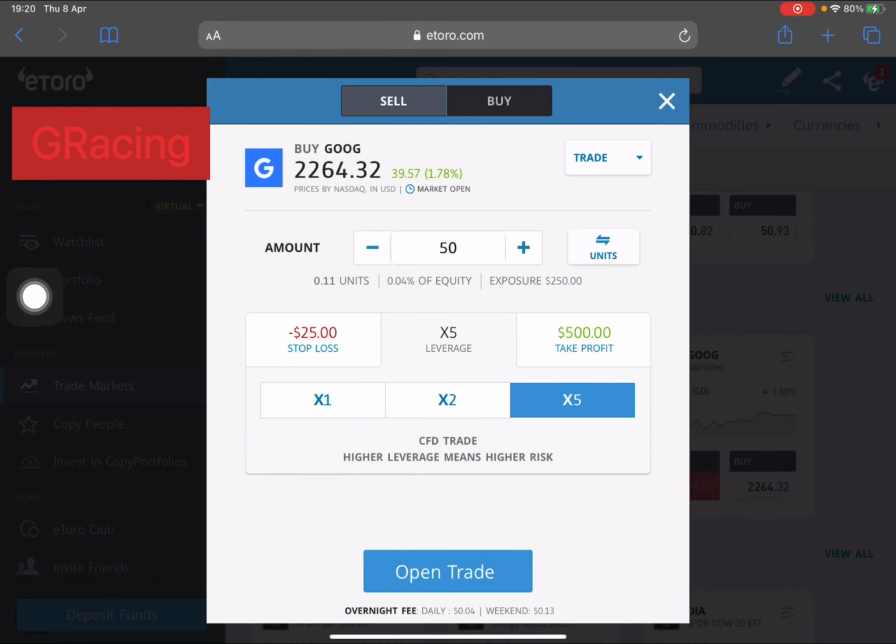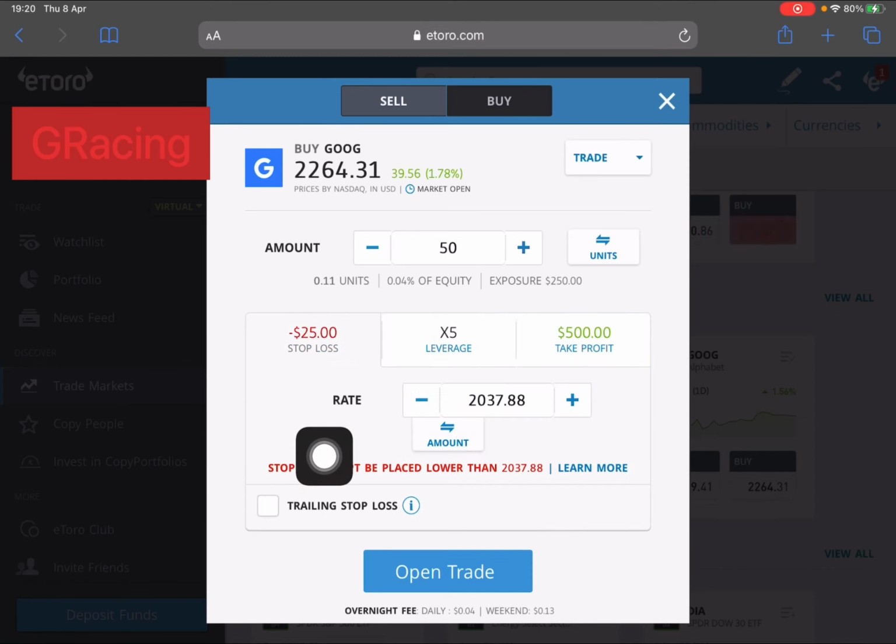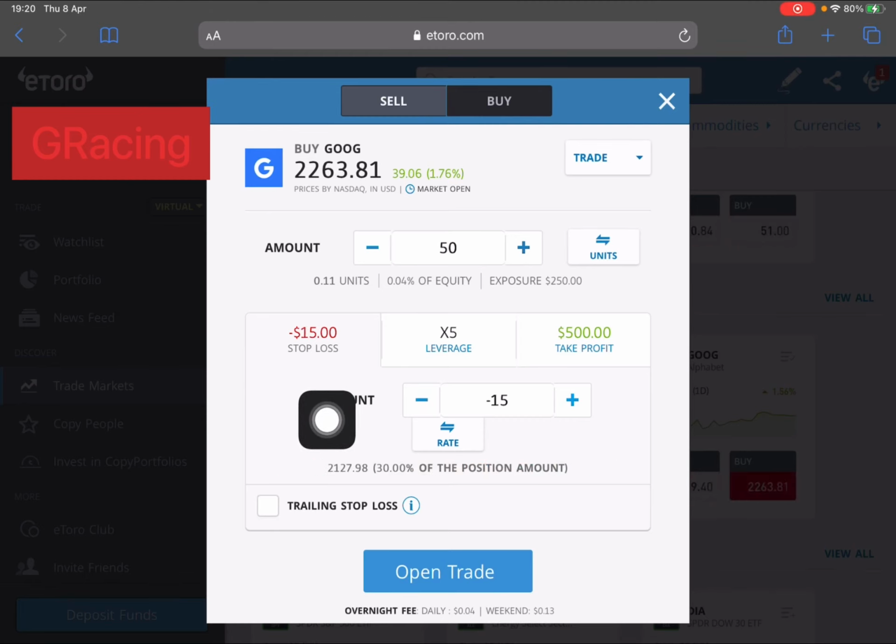Stop loss, in short, it's a way of protecting your money. From 50, you can assign a stop loss of say 25 or 50%, or say 15, 5, it depends on you.